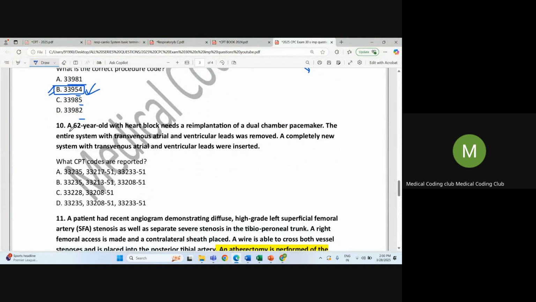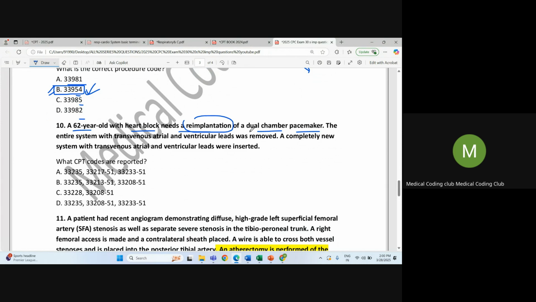Next question, a 62-year-old with a heart block needs reimplantation of a dual chamber pacemaker. It is reimplantation, not the initial one; they are removing and replacing with a new one. That is why they mentioned reimplantation.